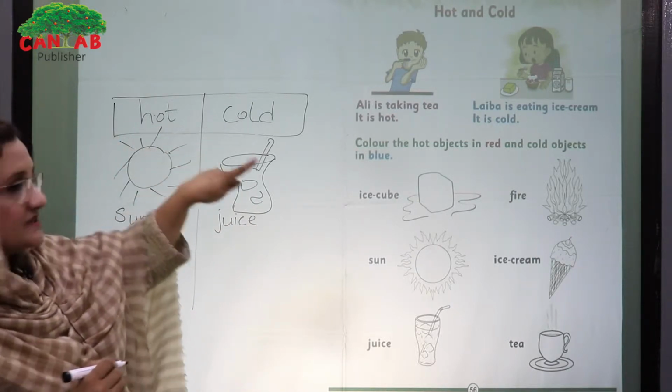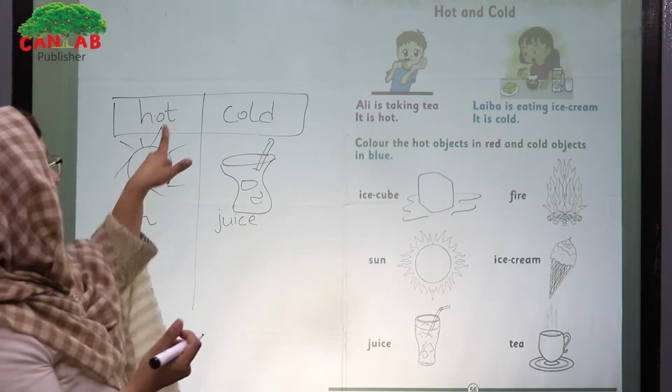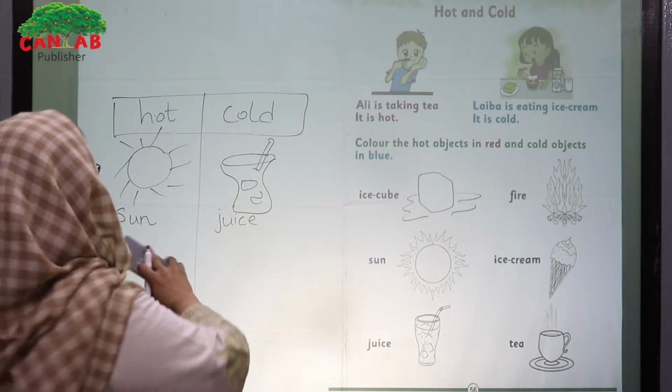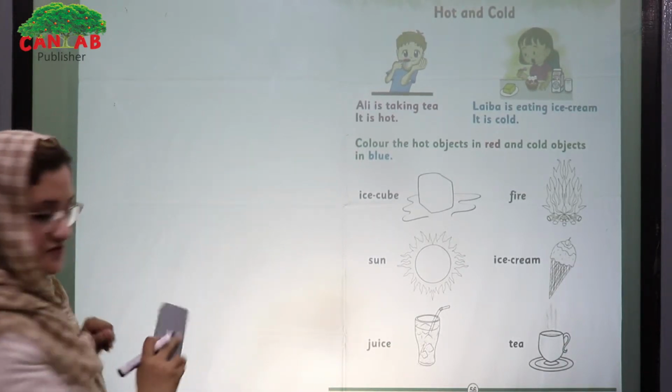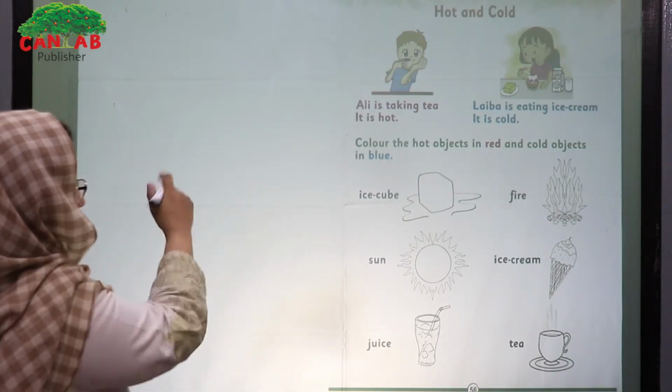With the help of the T chart, you can enable the student to differentiate between hot and cold objects and things. After these, you are supposed to draw or to paste a few pictures on the board like this.